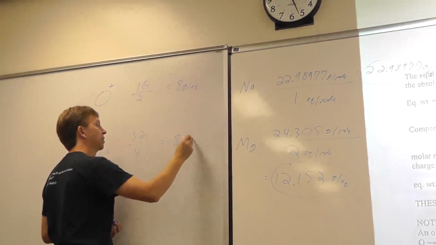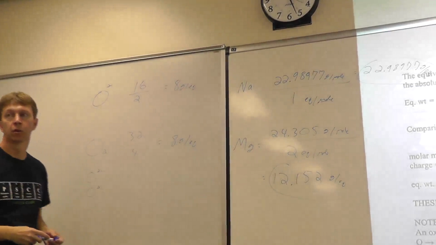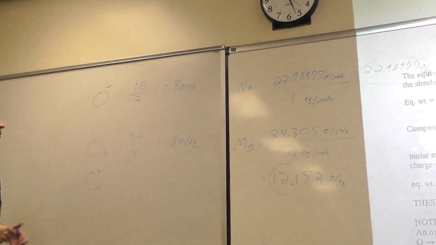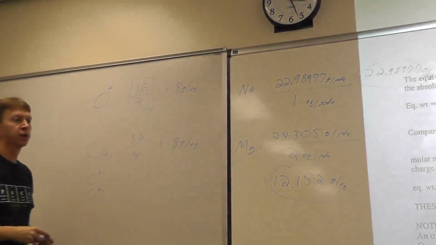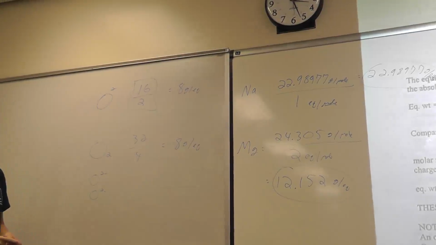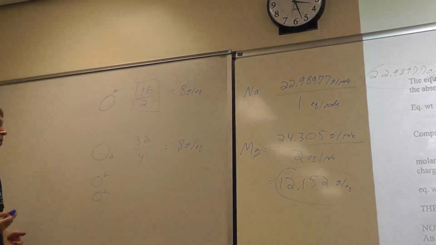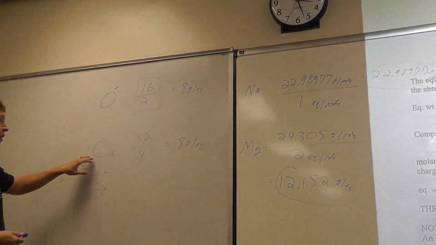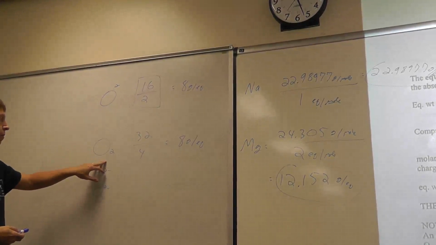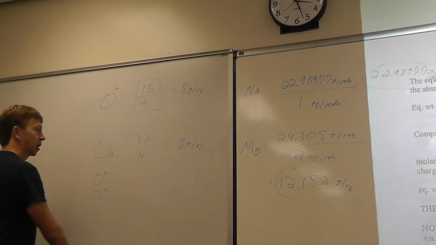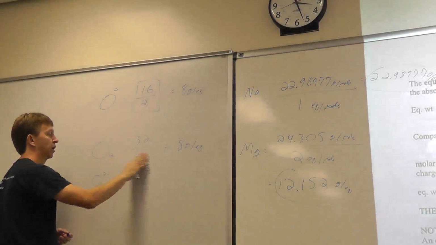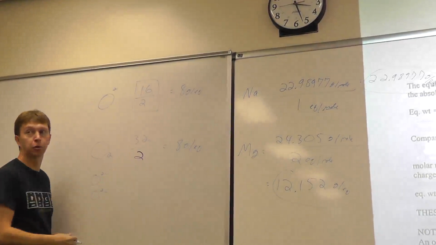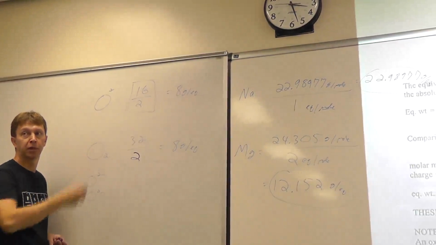So you don't even have to keep track of who's diatomic in this system. The safest way to do it is just take it straight off the periodic table. Right? Some people prefer to stick with diatomic, but I've seen this so many times where they'll double the weight for it being diatomic, but they forget to double the charge, and then you're messed up.